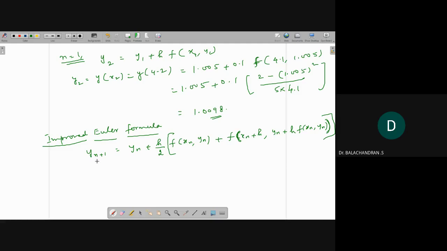Again you should substitute n equal to 0. y1 equal to y0 plus h by 2 into f of x0 comma y0 plus f of x0 plus h comma y0 plus h into f of x0 comma y0.